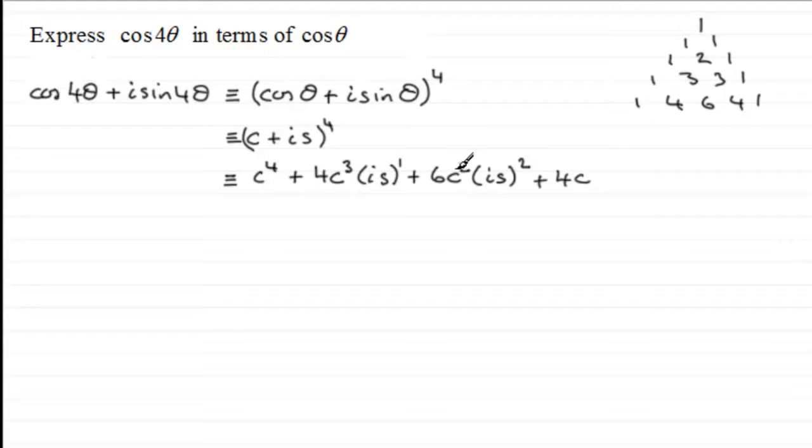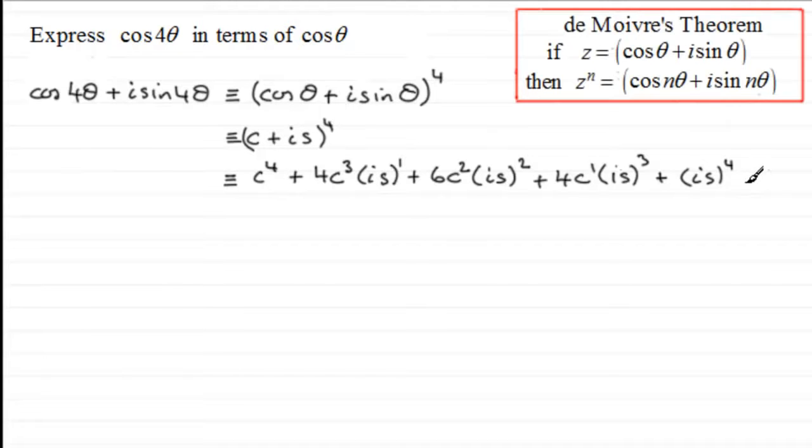Drop the power of c by 1, so it's c to the power 1, and then increase is up to the power 3. The last term would be a 1, and I can leave that off. It would be 1 times c to the power 0, which is still 1, and then is to the power 4. So that's the binomial expansion of c plus is all to the power 4.